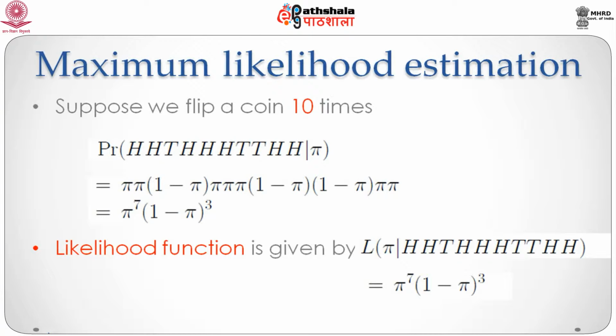So the likelihood function in this case is given by L of pi given the observed data, and numerically it is equal also to pi to the power 7 into 1 minus pi to the power 3. The critical difference is that it is now a function of pi. In a loose sense, the likelihood is the probability of observing the given data for a particular value of the parameter, and we shall choose that value of the parameter which will maximize this probability.